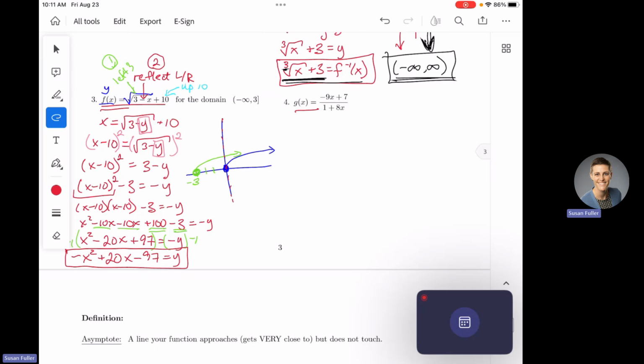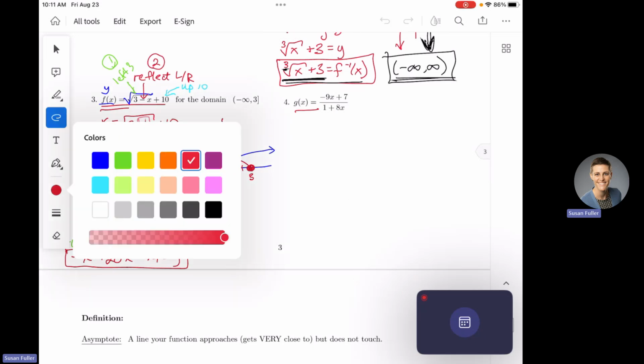If this was a mirror, what this green one would look like in the mirror is I would come over here to positive 3 and it would open up in the other direction and look like that. This is the mirror image of that green one. So this is what it would look like after I reflected over the y-axis.